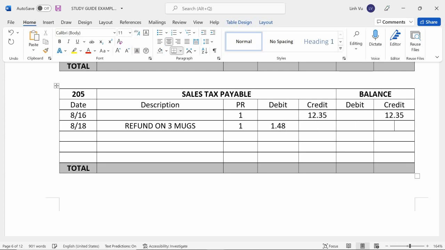So that's going to decrease your sales tax payable down to $10.87.